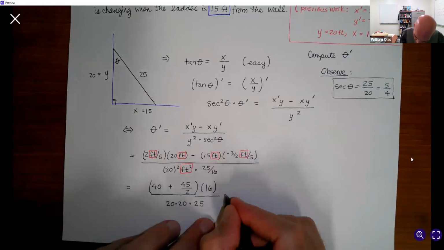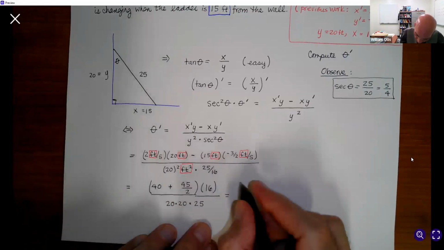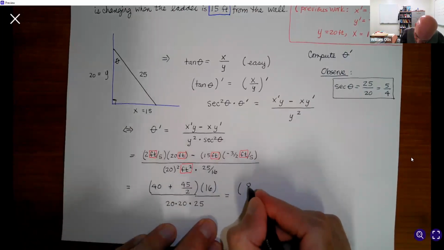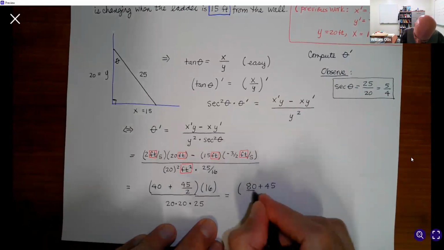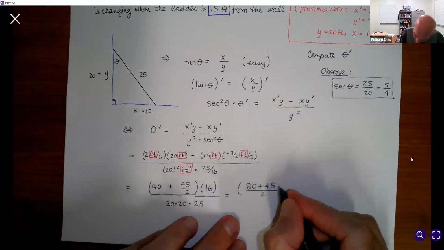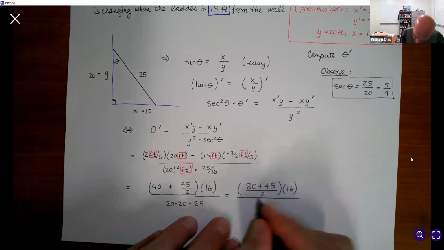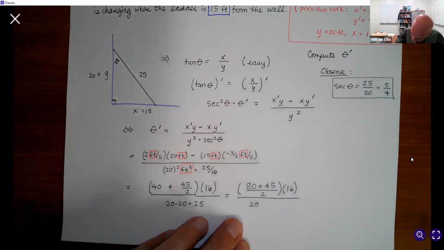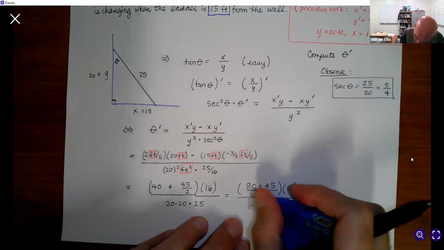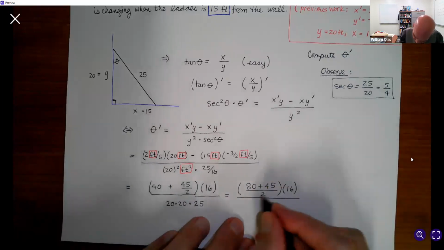So now let's go ahead and simplify some of this. Notice we have a 2 here, so if you like, we can get a common denominator. We have an 80 plus 45 over 2 times the 16. And then, of course, we have 20. Let's break that down a little bit. The 2 would absorb into the 16, but let's get rid of it.